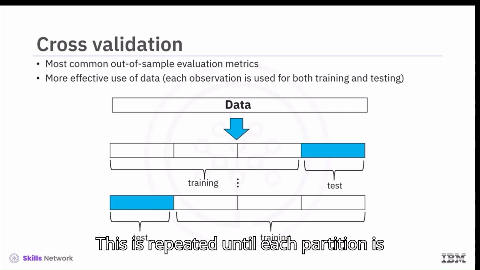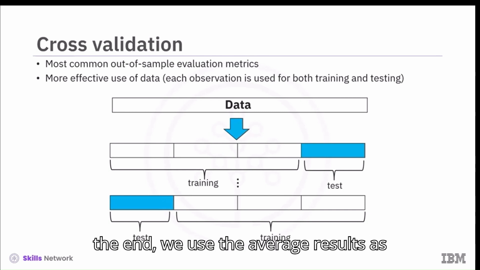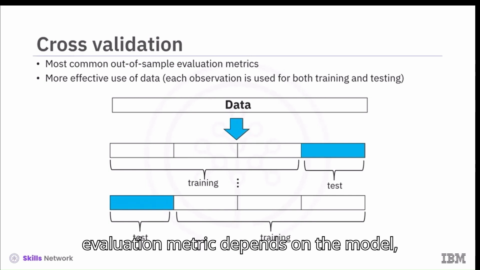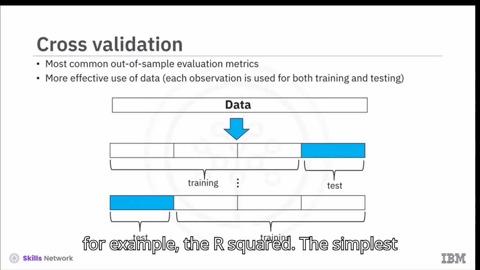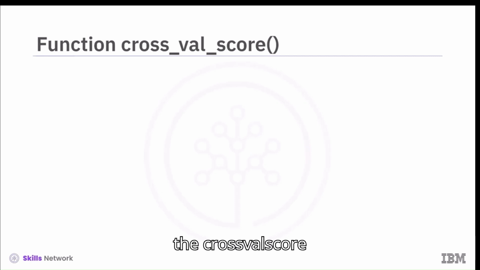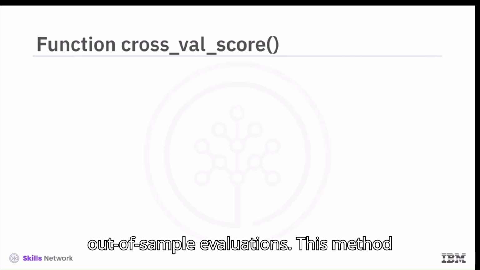This is repeated until each partition is used for both training and testing. At the end, we use the average results as the estimate of out-of-sample error. The evaluation metric depends on the model, for example, the R-squared. The simplest way to apply cross-validation is to call the cross_val_score function, which performs multiple out-of-sample evaluations.